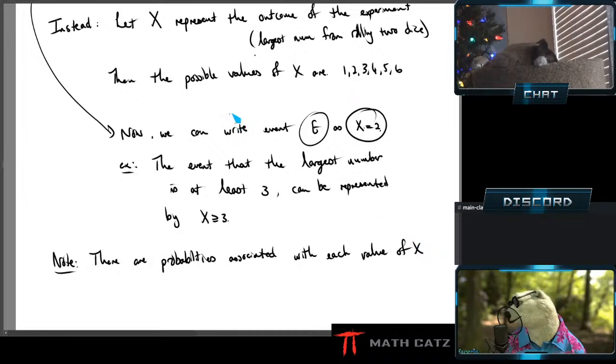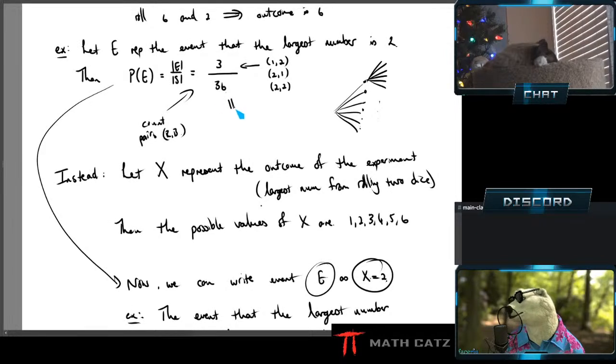We saw one of them. This one is going to be the probability that X equals 2. And for each value of X, I'm considering each outcome, and there's a probability associated with each of those.